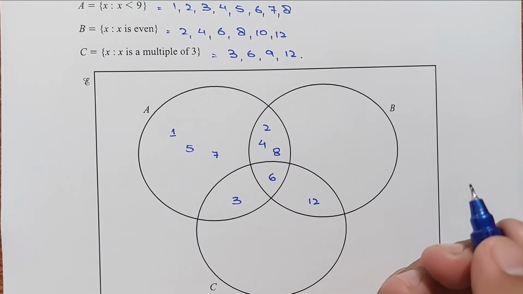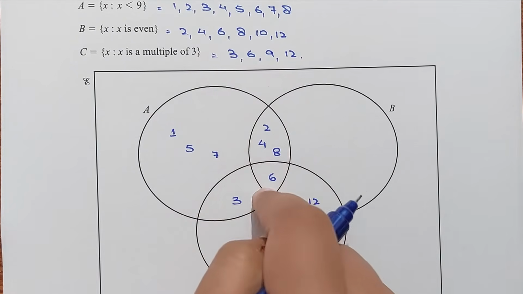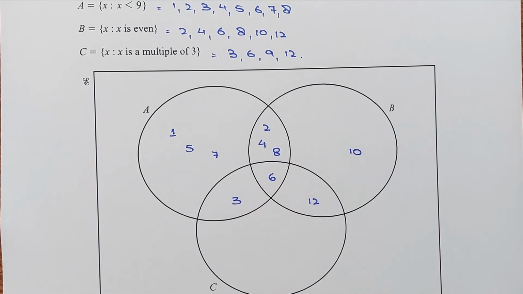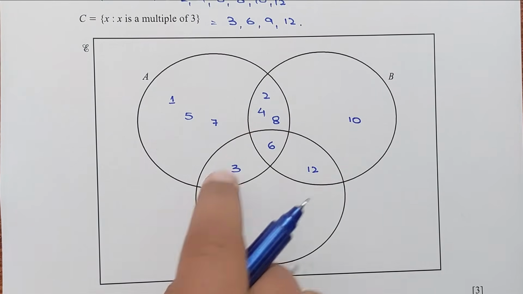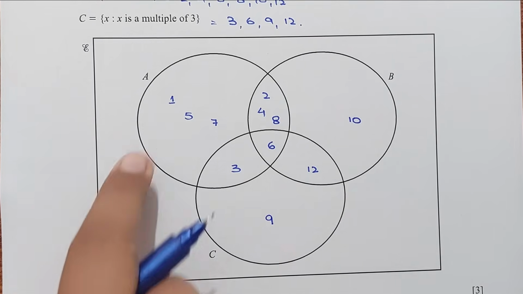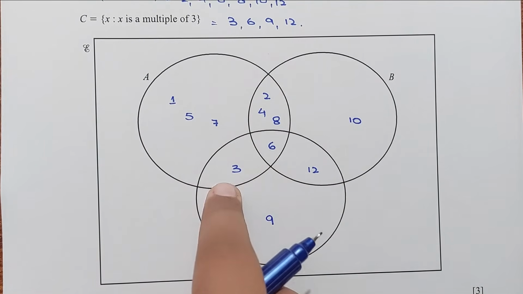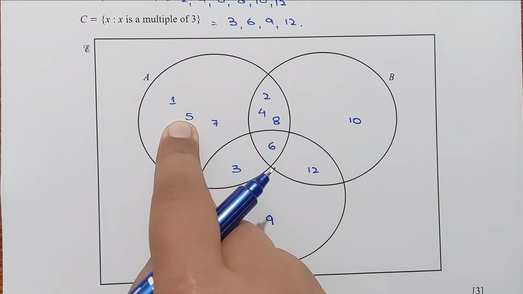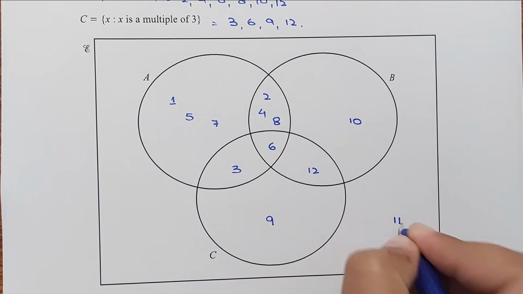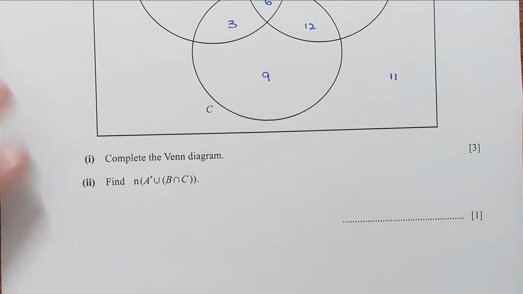Now for B, even numbers, so 2, 4, 6, 8, 10, and 12. And for C, we have 3, 6, 9, and 12. What else is left? We have 11 and 12. The Venn diagram is completed.